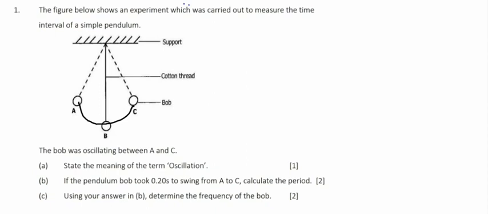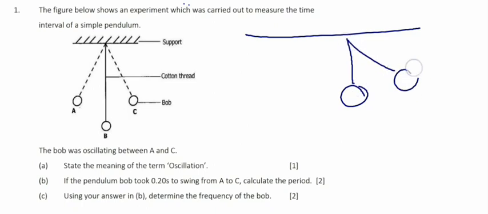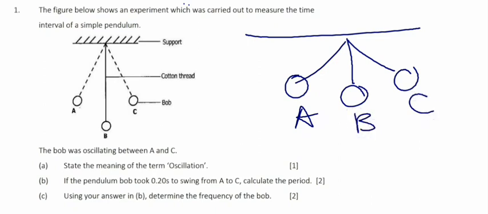So, let me show you how to find the number of oscillations when the bulb hasn't completed one oscillation. Suppose we have the pendulum, which is this one. This one is A, this one is B, and this one is C. How many moves does the bulb take to make one complete oscillation?